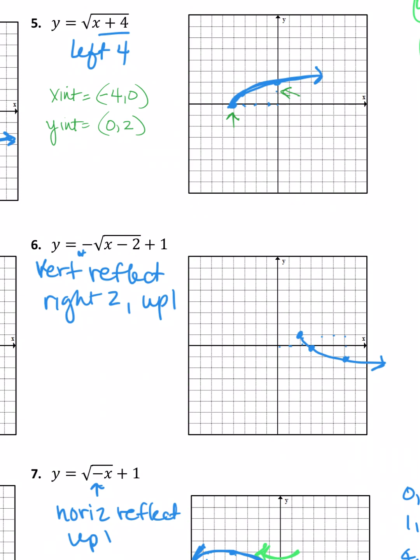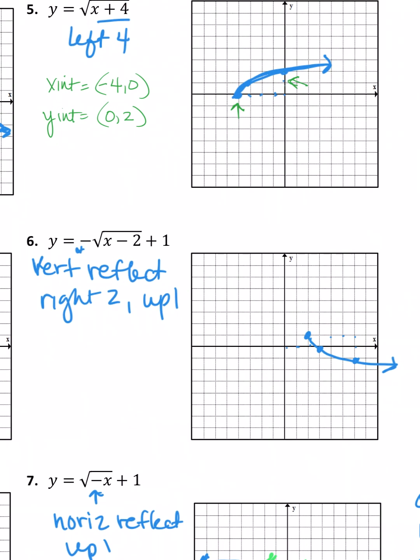Let's look at this one, number 6. X-intercept, where is it crossing the x-axis? Well, right here. 1, 2, 3, -3, 0. Y-intercept, well, look, it's not touching the y-axis, so you would just say none. You don't have to put that in parentheses.